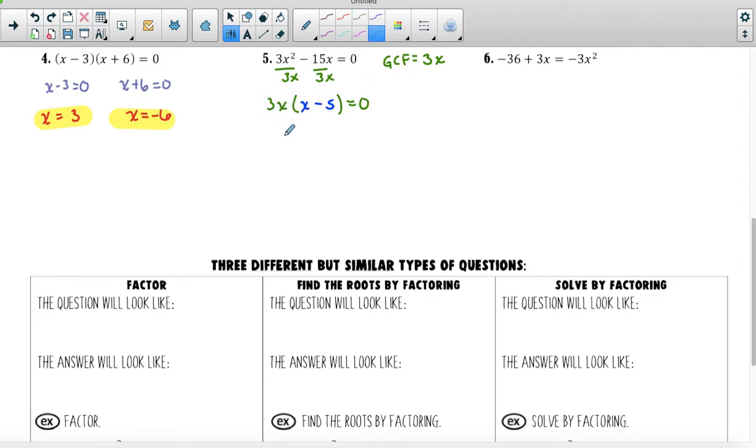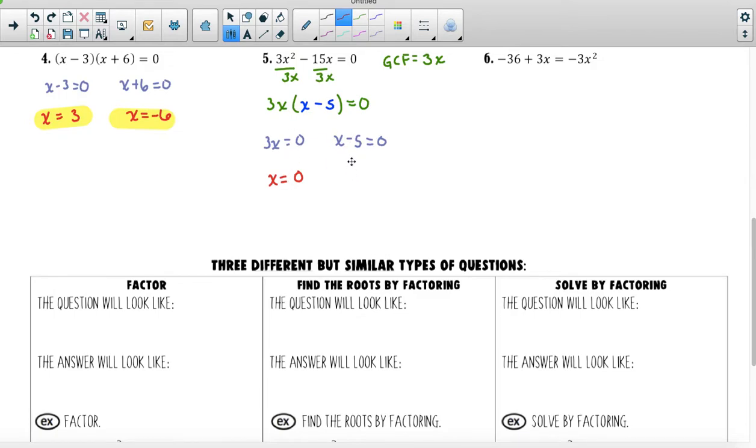We take all of our factors with x in them, so that includes the 3x, and we set it equal to 0. We have an x minus 5, and we set that equal to 0. In order to solve the first, we divide by 3, and 0 divided by 3 is 0. That tells us that x is equal to 0.